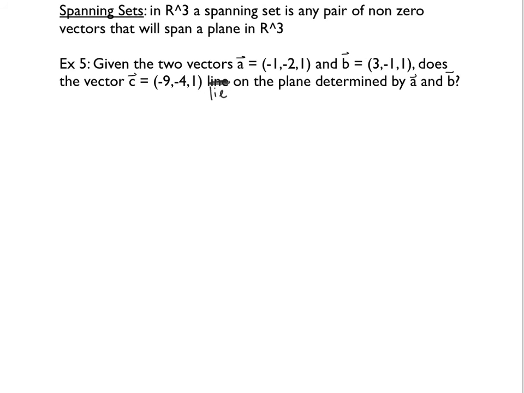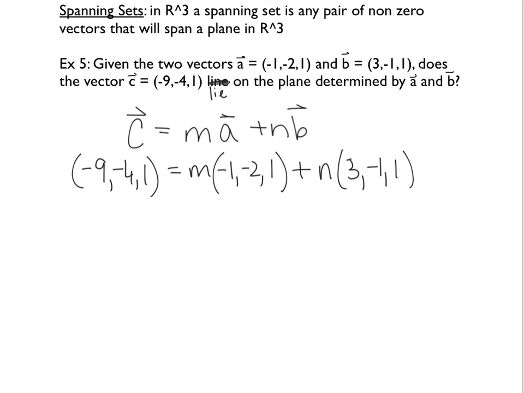Okay, so the way to determine that, if C lies on the plane A and B, we should be able to write it as a linear combination. So let's do that. So C is equal to scalar m times vector A plus n vector B. So now we've set up our linear combination, and we're going to split up our equations.